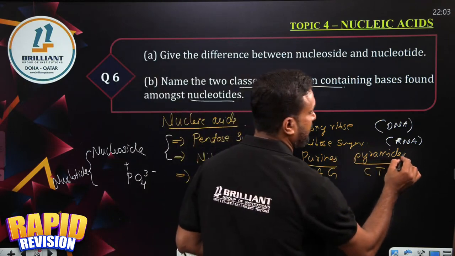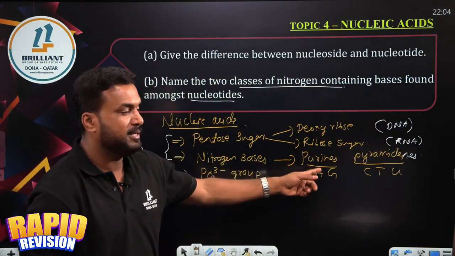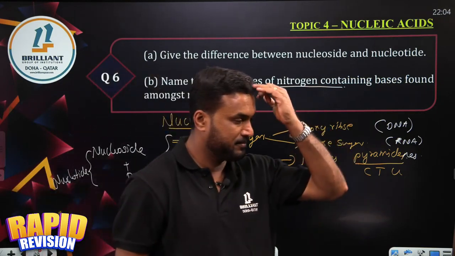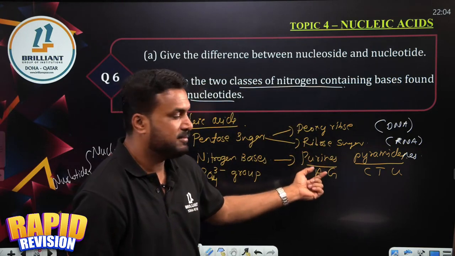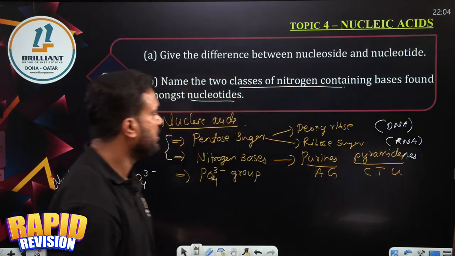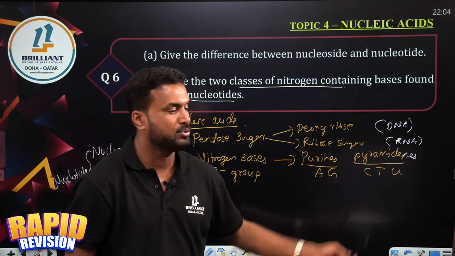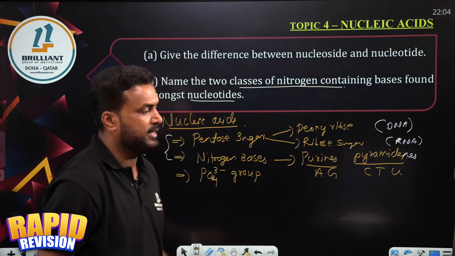Purines means we have these two, adenine and guanine, and pyrimidines we have these three: thymine, cytosine and uracil. Keep that in mind. Bio people will have more idea.